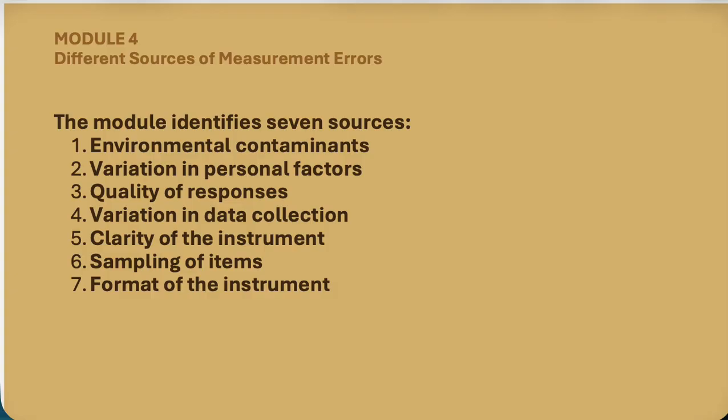And then, we have the variation and personal factors. Let's say, Abi, kung kapoy siya, nagutom siya, wala siya sa mood, so that will affect the gathering. Okay? And then, clarity of the instrument, hindi siya kaintindi. Okay? Variation in personal factors, sampling of items.